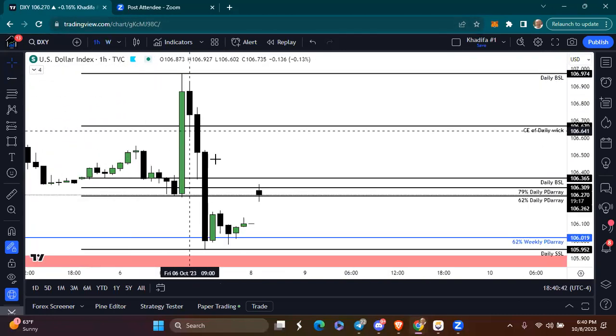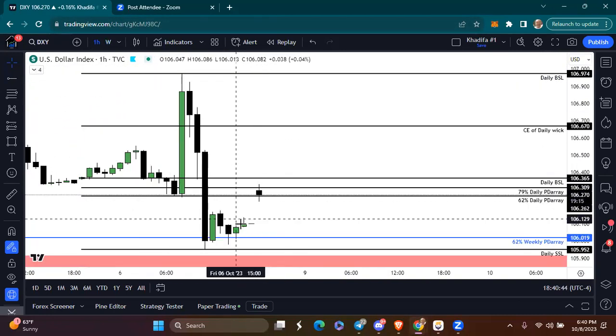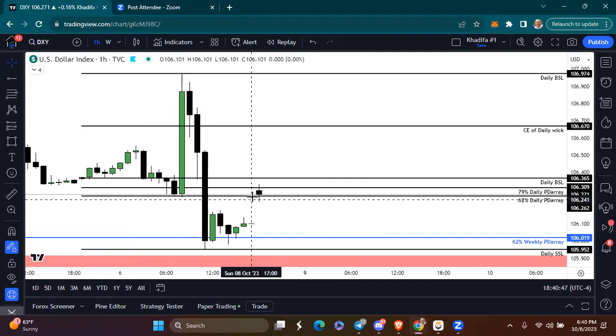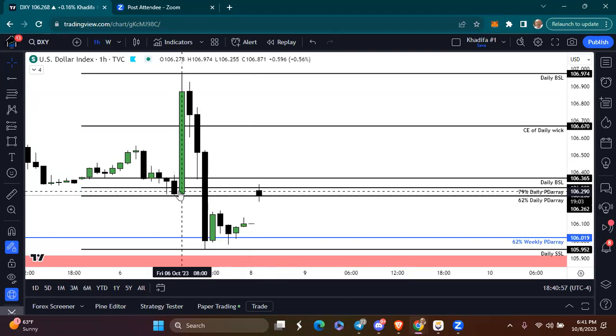If we go back down to the hour, right, we can see that we're sitting right at the daily premium arrays from last Friday's price range, right? Notice that we have an hour order block right there. I'm sorry, an hour breaker right here, right?